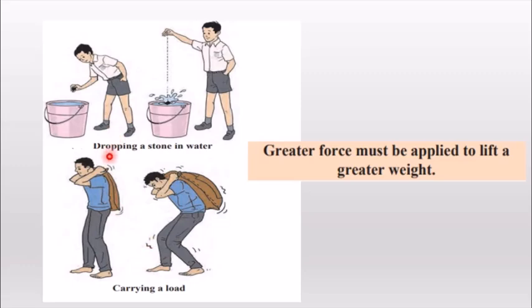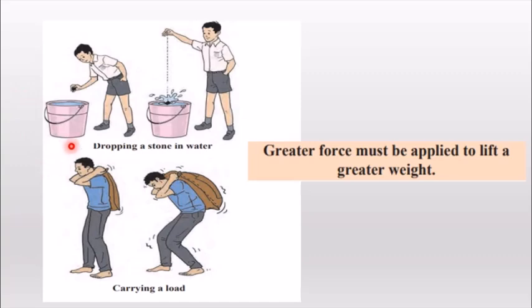Same if you see here, when this boy is dropping the stone in the water from a lower distance, the splash of water is not that great. But when the same stone is dropped from a higher point, you can see there is more splash of water, or the droplets of water which come out are more. This is because greater force is applied when we have to lift a greater weight.